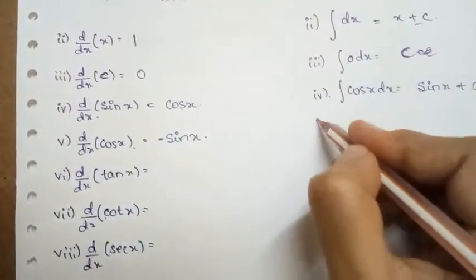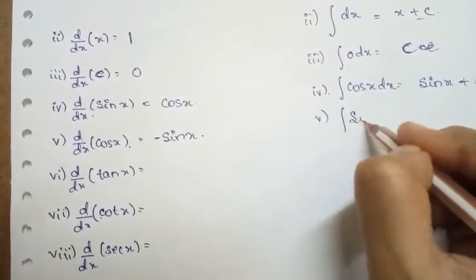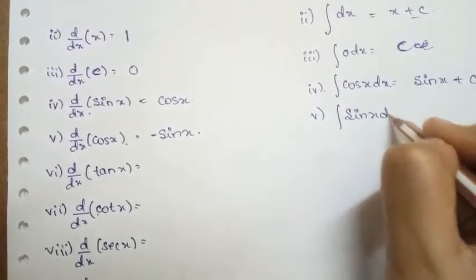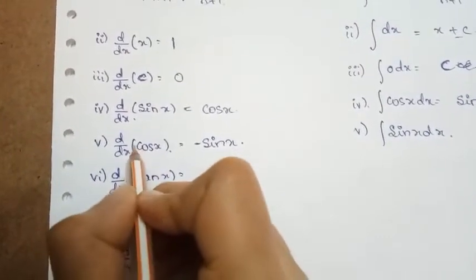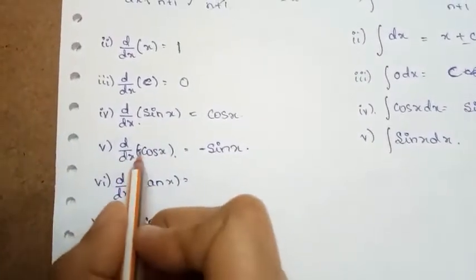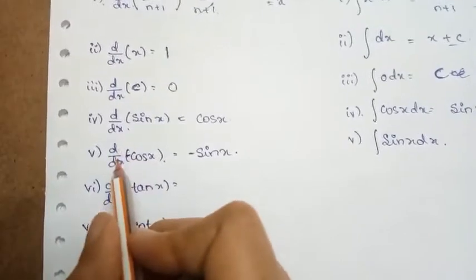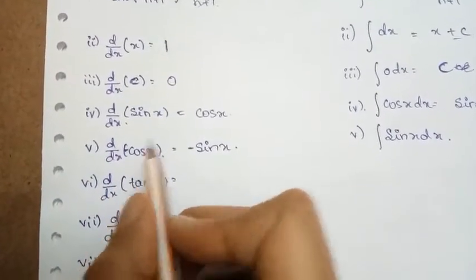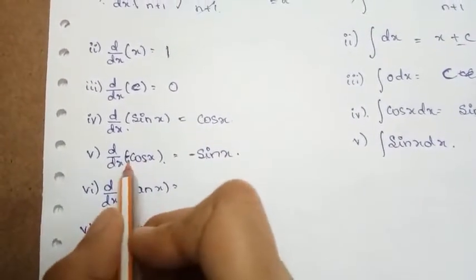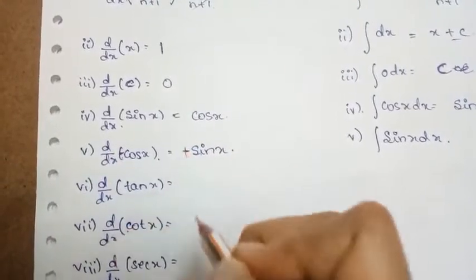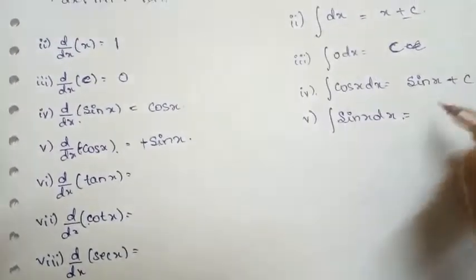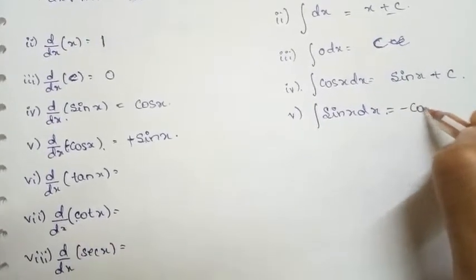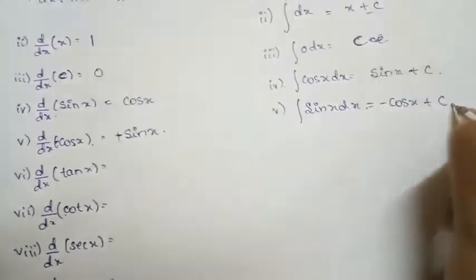Suppose I need the integration of sin x dx. If I take the differentiation of minus cos x, the differentiation of cos x is minus sin x, and since it is minus into minus, it becomes plus. So clearly the integration of sin x dx is minus cos x plus c.